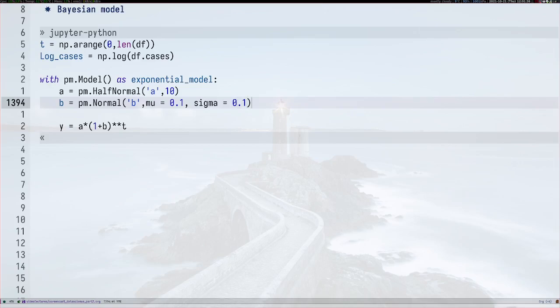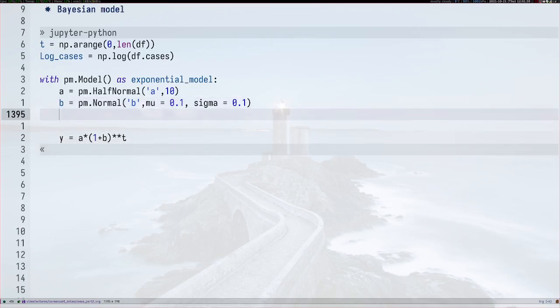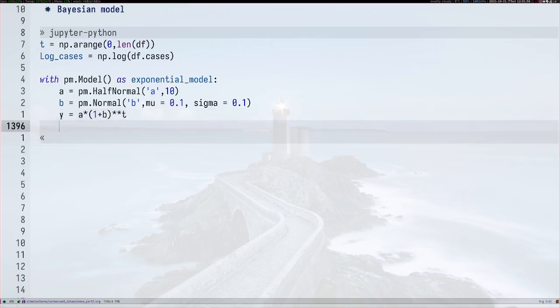Yeah, so we're allowing for negative values of B, but not values of B that become smaller than -1, because that would again turn Y negative. So this is A and B, so then we get our specification of Y.